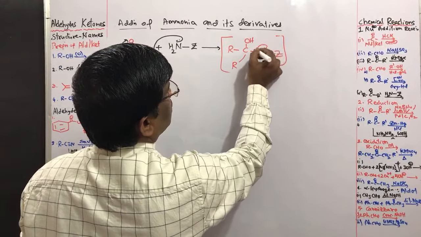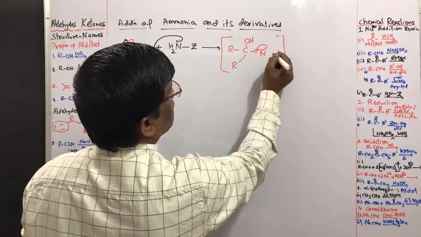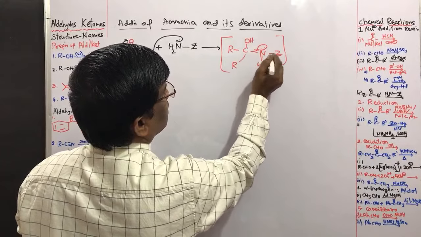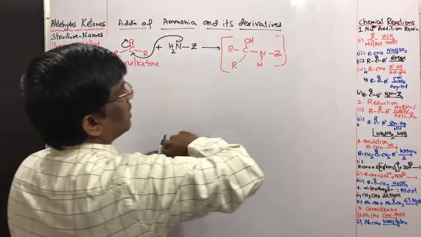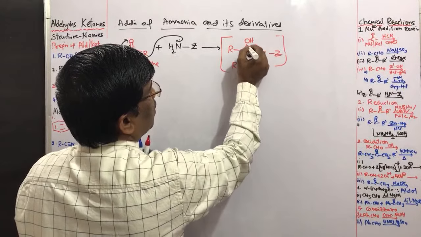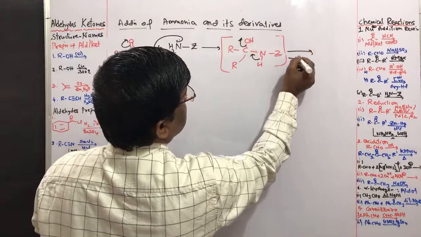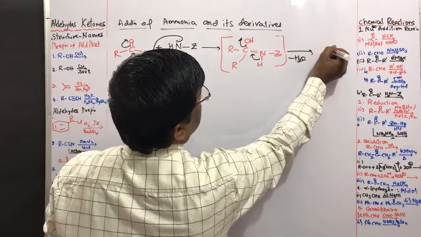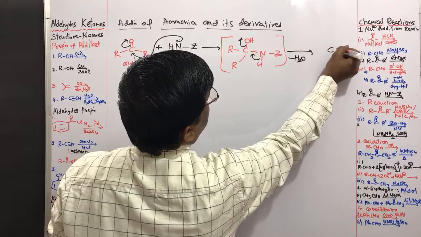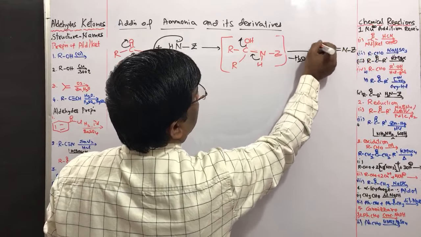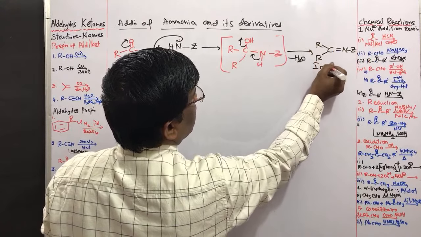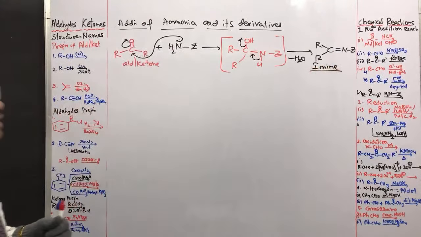It is going to lose water, minus water, so it is going to give imine with Z group and remaining R groups. So this is an imine type compound we are going to get.